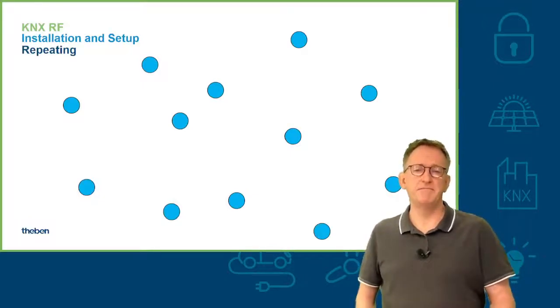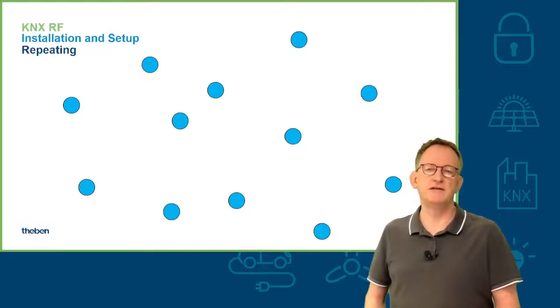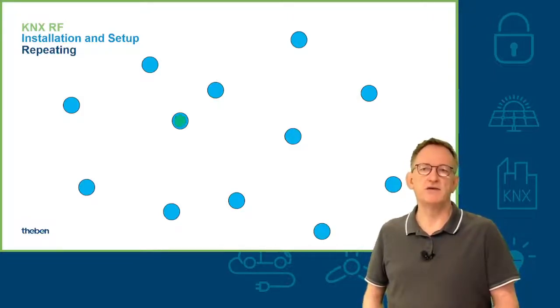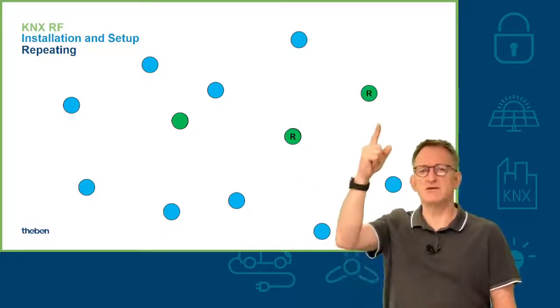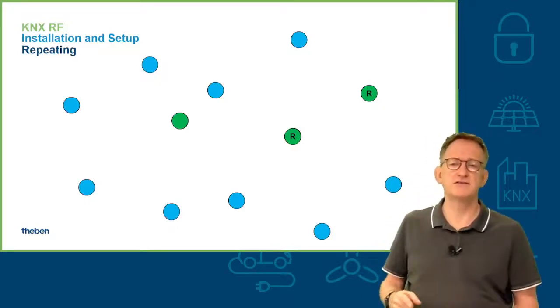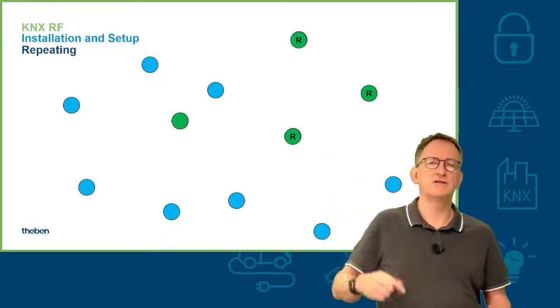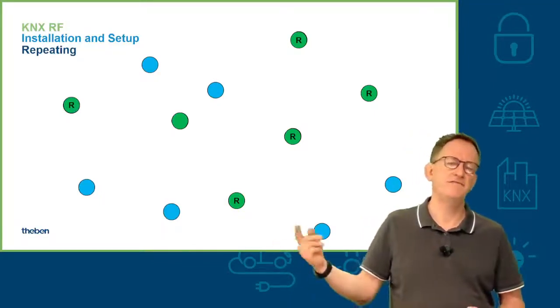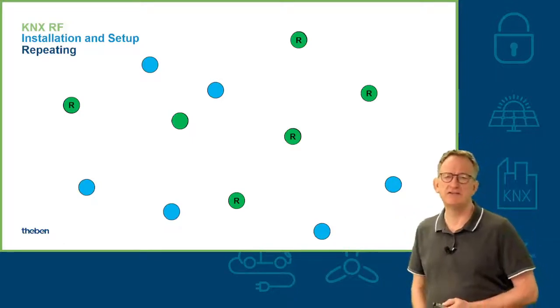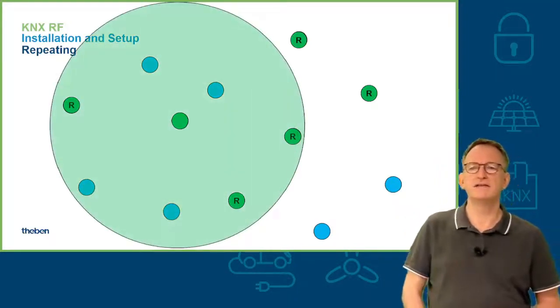Now, for example, you do not know which devices should act as a repeater. So you decide: okay, I have the media coupler here, then this is a repeater, and probably also this one I will configure as a repeater, and also the one at the top, and so on. So I have now set several devices to be repeaters, and we have the same game.